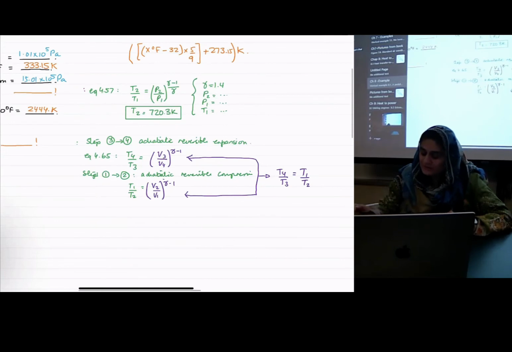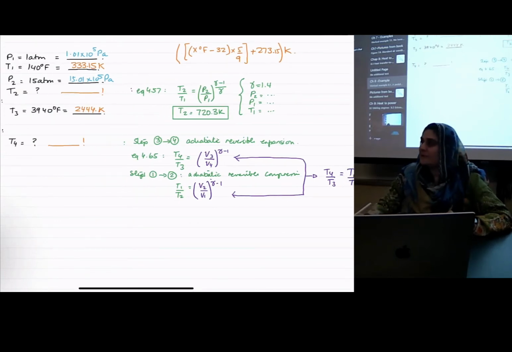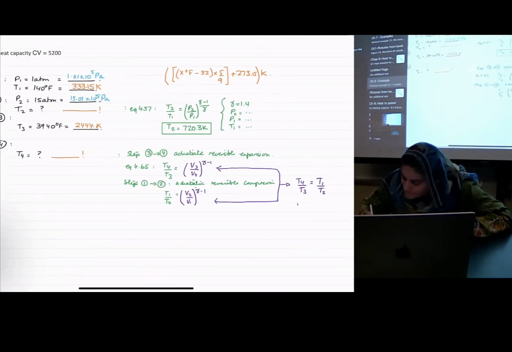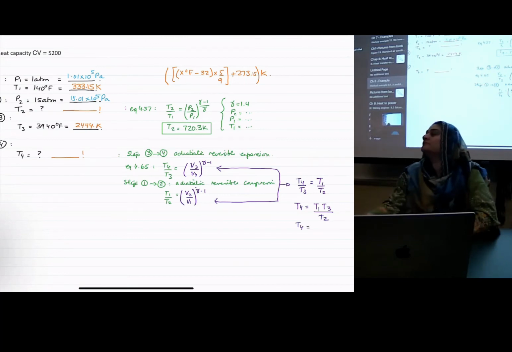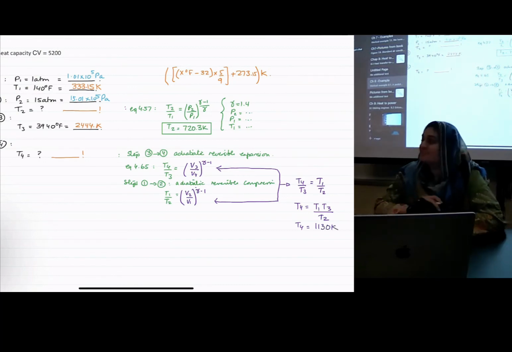Do I know T2? Do I know T3? Can I find T4? So T4 will be T1 T3 over T2. And the answer comes out to be, drum roll, 1,130.5. 1,130 Kelvin. Cool.